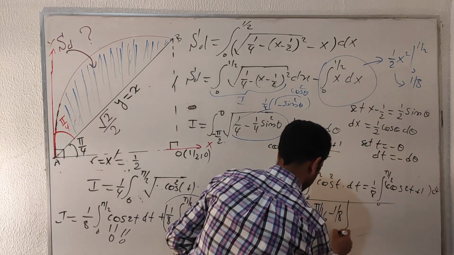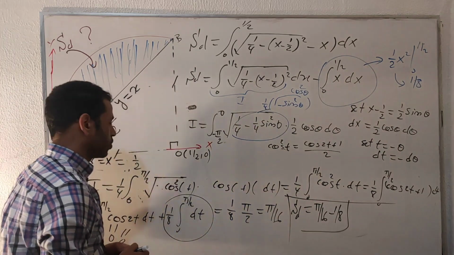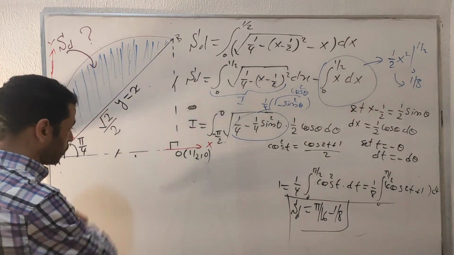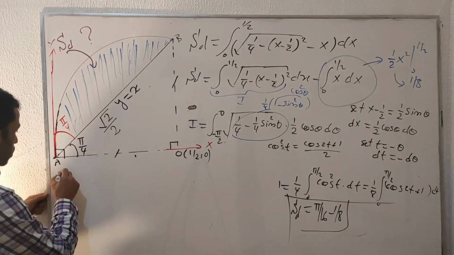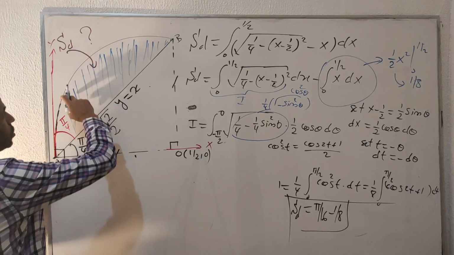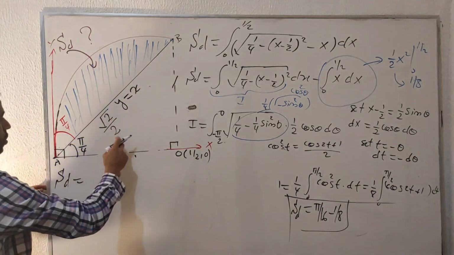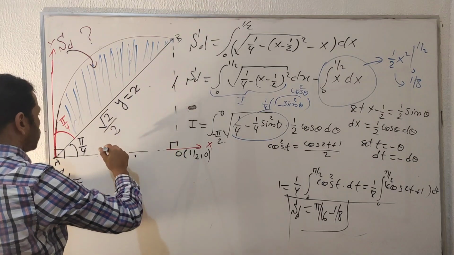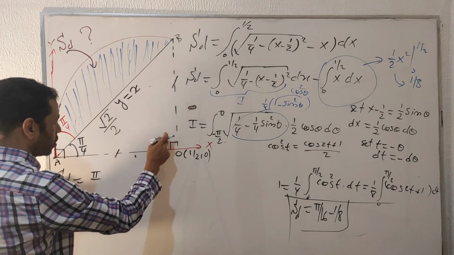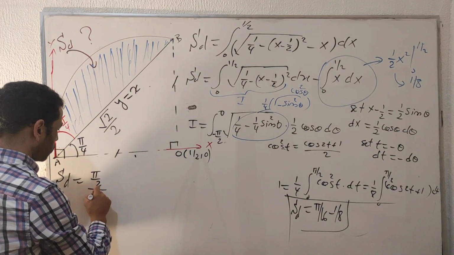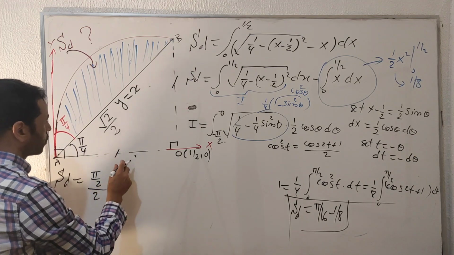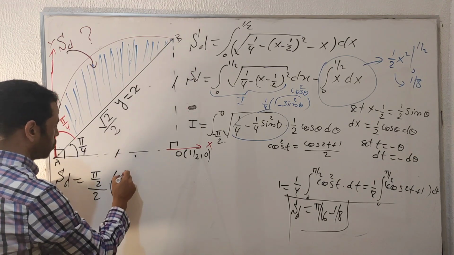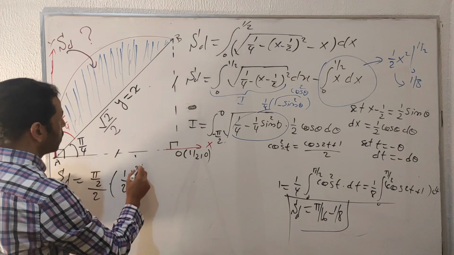Let's do this in a different way using the geometry here. It's simpler to do it this way. The shaded area is the area of this sector minus the area of this triangle. The area of the sector equals the angle, which is pi over 2, over 2, multiplied by the radius square, which is 1 over 2 squared.